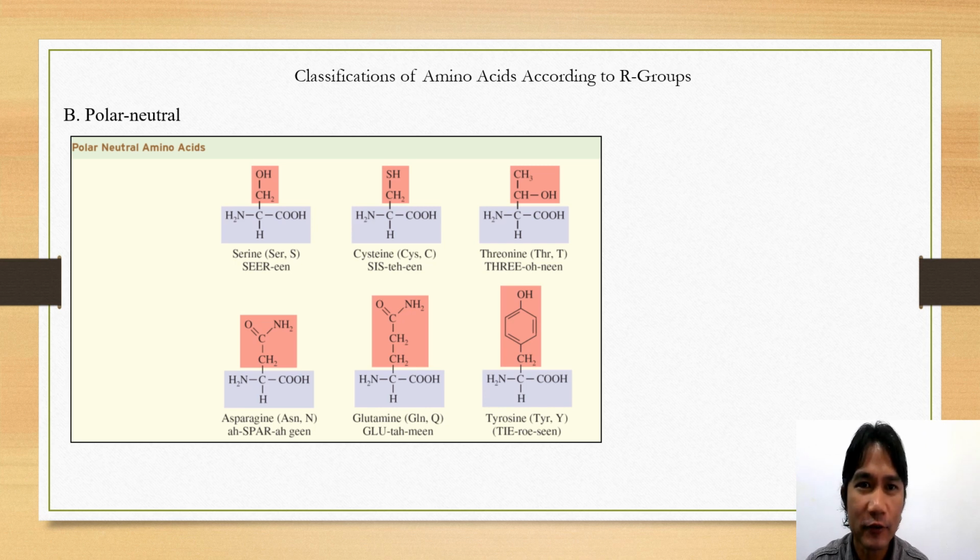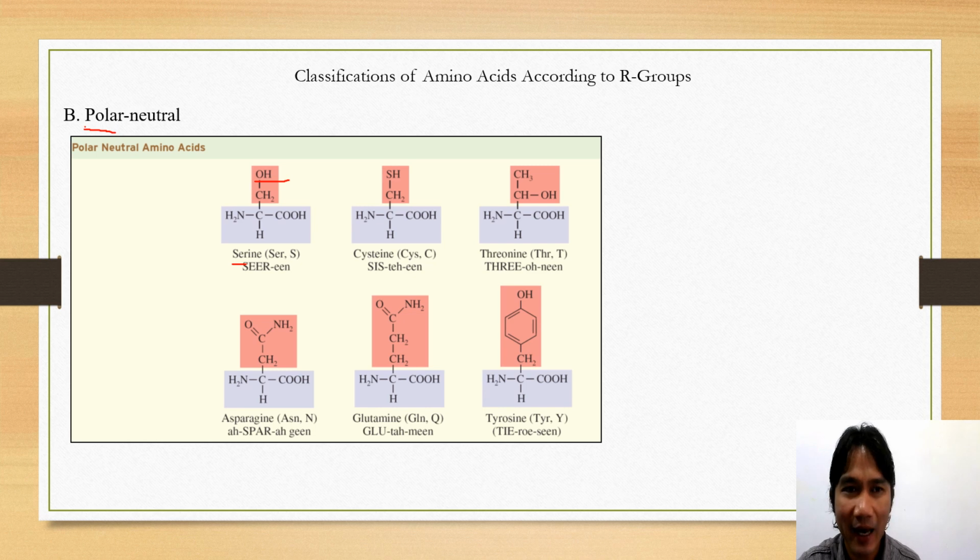The second classification of amino acids is called polar neutral. When you say polar, it's due to the presence of an electronegative atom. So, example, serine. The side chain, the R group, contains hydroxyl group.